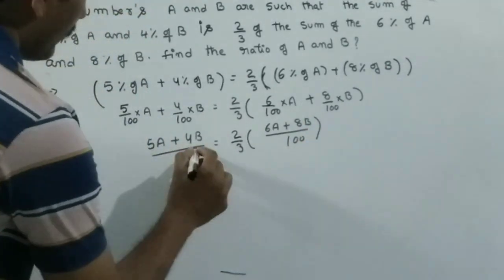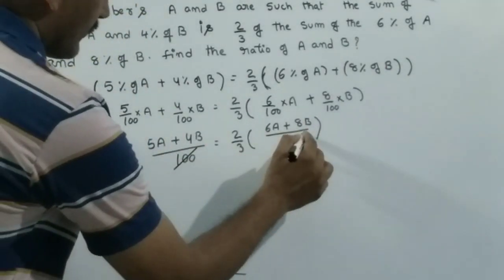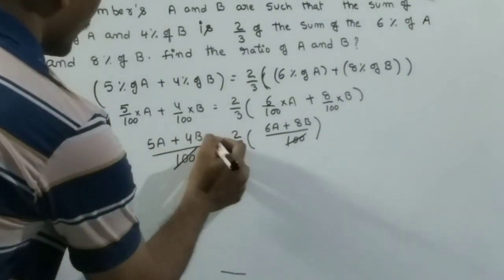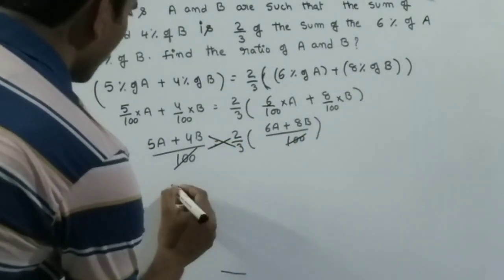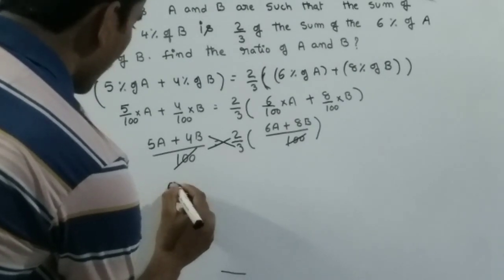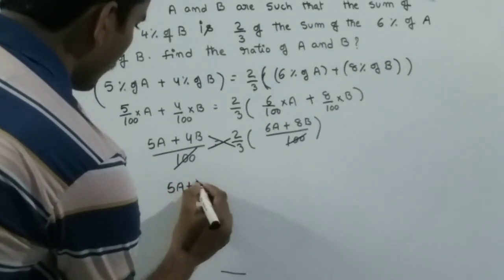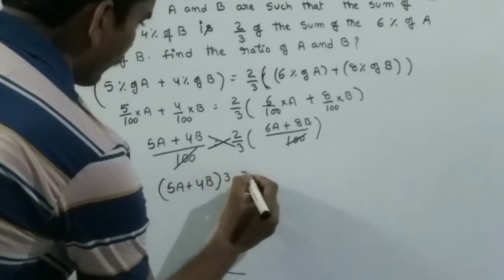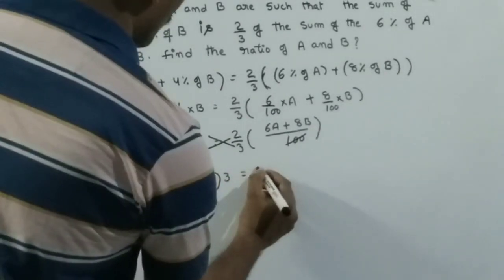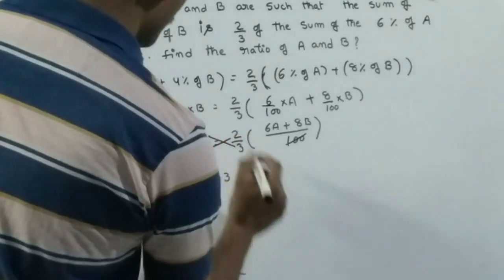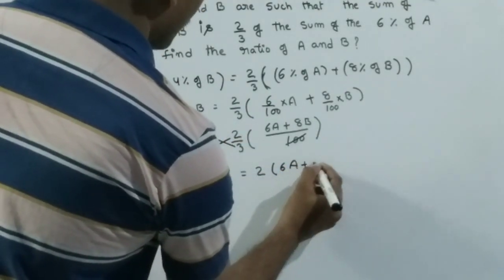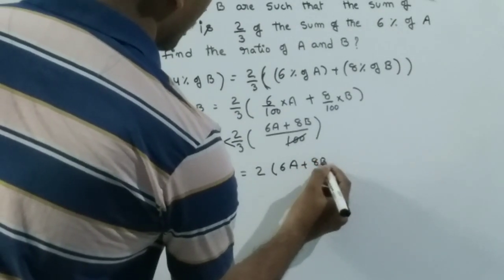See friends, now we will remove 100 and 100. Then we go for cross multiplication. (5a plus 4b) into 3 equal to, here 1 is there, so 1 into 2, 2 into (6a plus 8b).